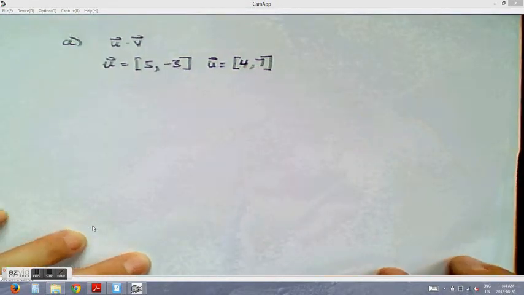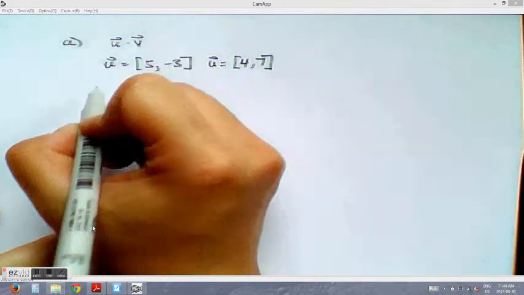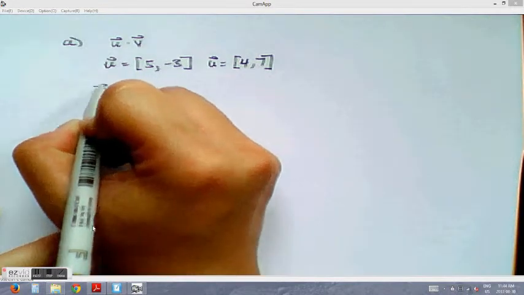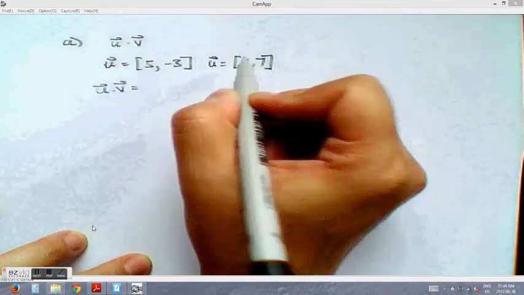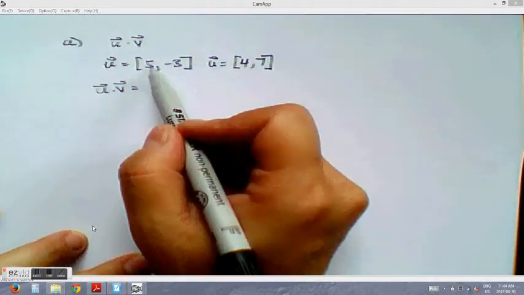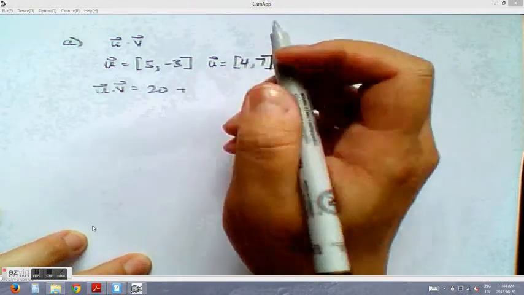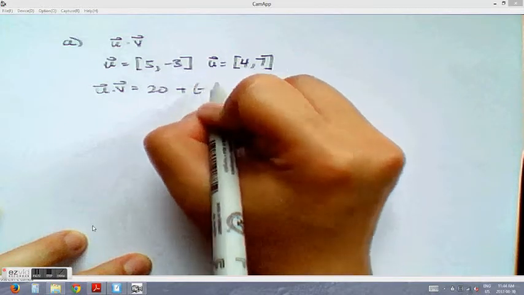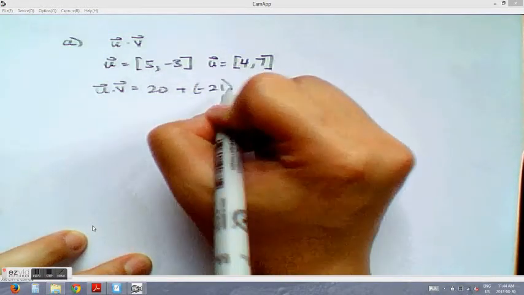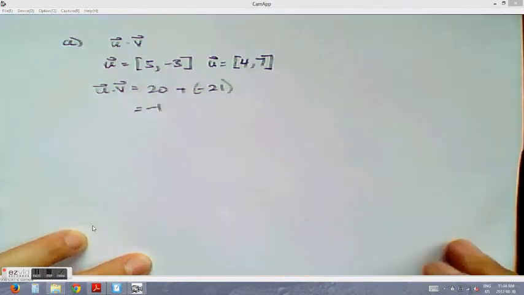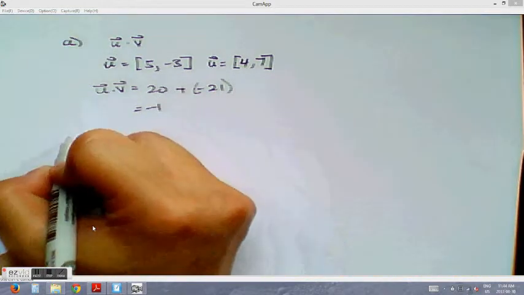Okay, so U dot V is then equal to 5 times 4 is 20 plus negative 21, which is equal to -1. Okay, so that's A.